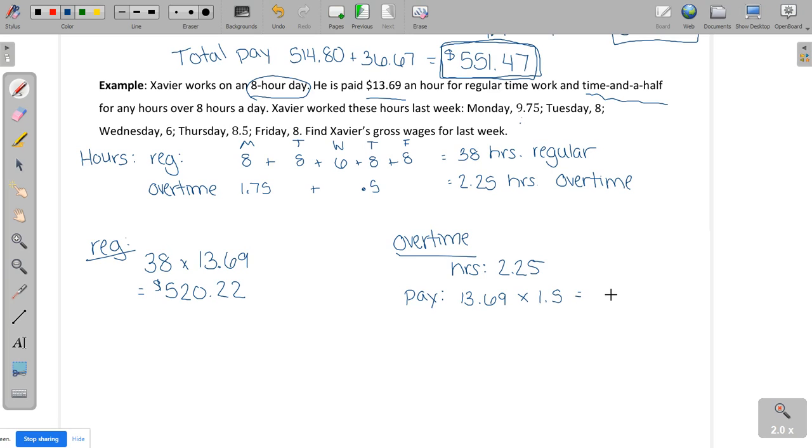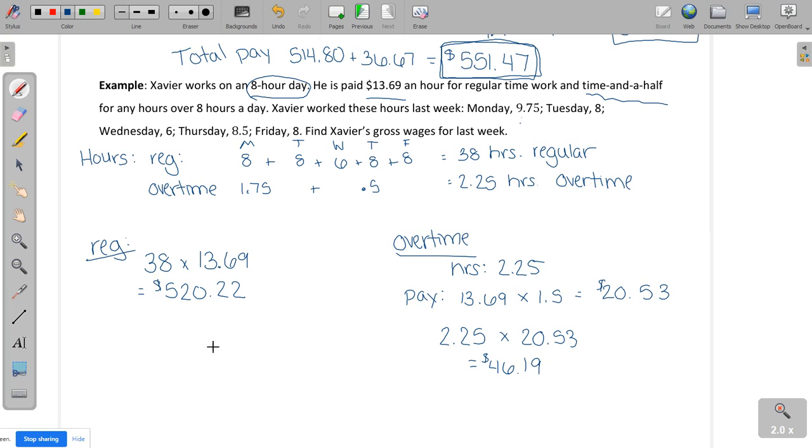When we multiply that, we get $20.53. So now we're going to multiply these two together. Take the hours, 2.25 times 20.53. And when we multiply this, we get $46.19.